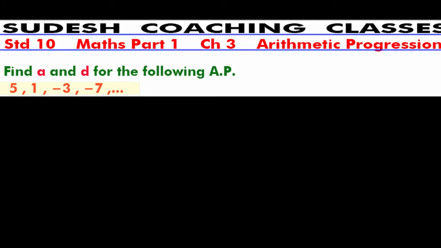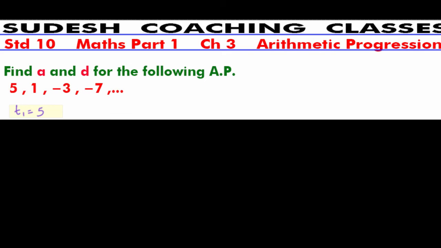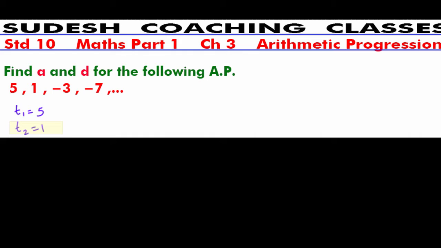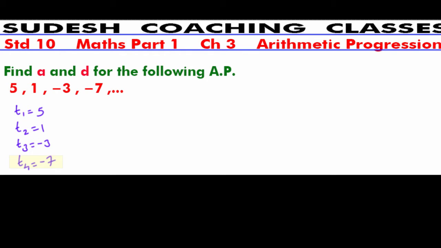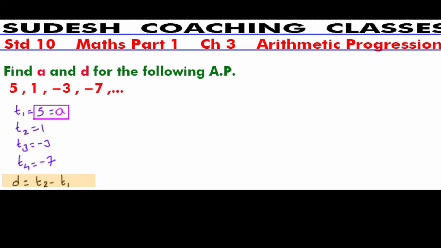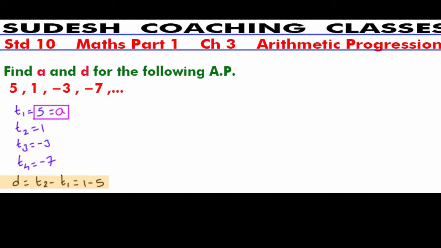Let's take another example: 5, 1, minus 3 and minus 7. Here T1 is 5, T2 is 1, T3 is minus 3 and T4 is minus 7. What is A? It is 5. Let's find the common difference. D is equal to T2 minus T1, which is equal to 1 minus 5, which is equal to minus 4.